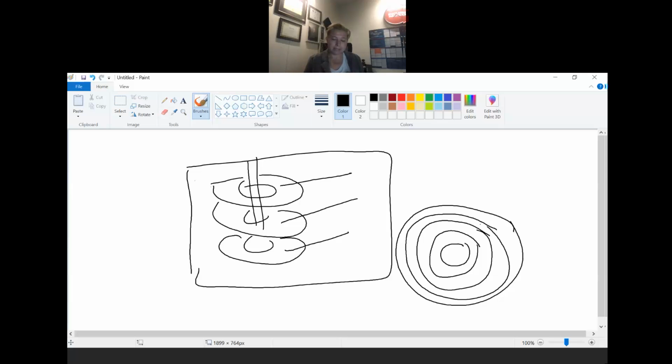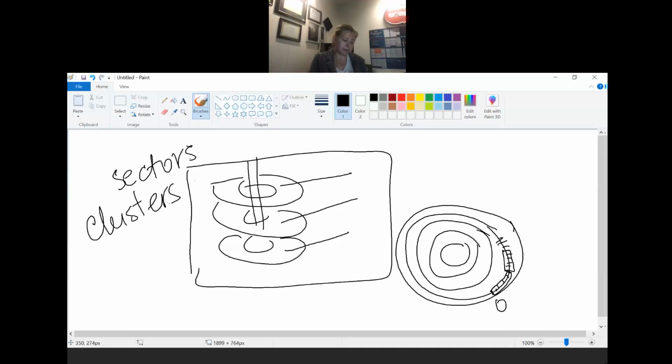Each of these tracks can be divided into multiple tiny sectors, and those sectors will be united into clusters. You have to remember that sectors always start counting from zero. The size of a cluster will vary depending on the file system we use. So first you need to remember sectors, then clusters, and then we're going to have tracks.